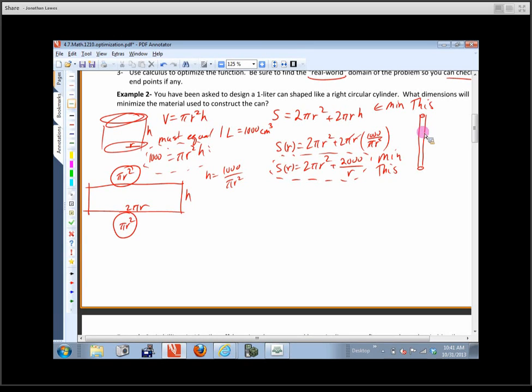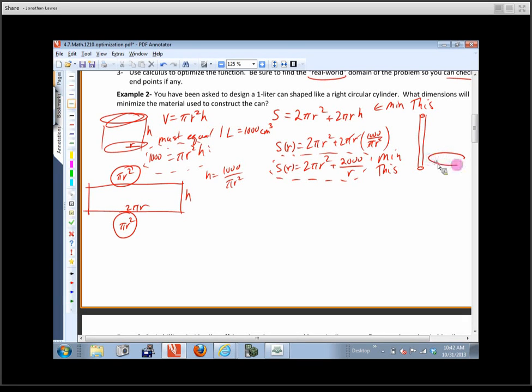Does that make sense? Okay, now, how big can the radius be? Think about that for just a second. If you've got to contain a liter of, we'll call it liquid, how big could the radius be? Well, let's think about it this way. Do we really care how big it is, or do we just want to know there's no limit to how big it could be?